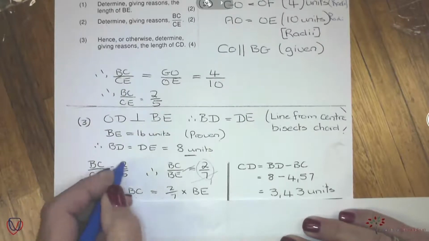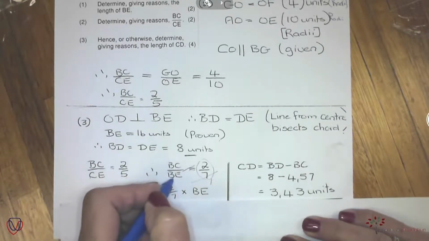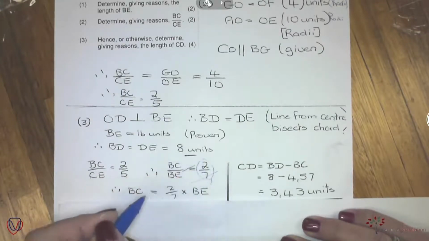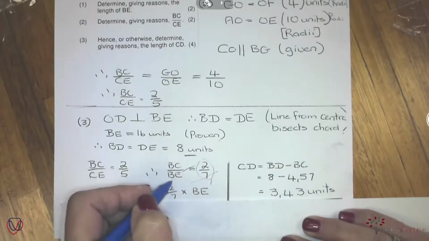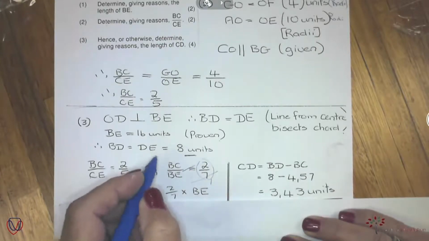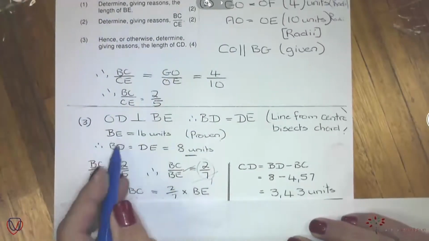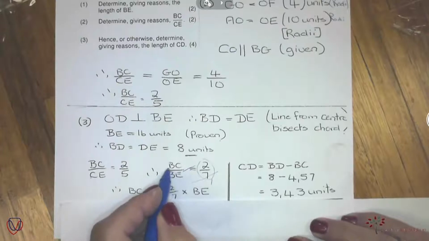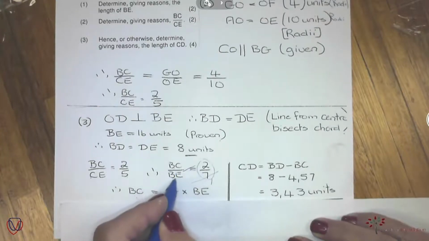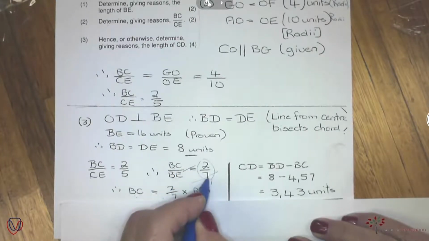Now we want actually BD, right? Okay, now we're going to go directly, we've got BD, directly to BC over BE, 2 over 7.